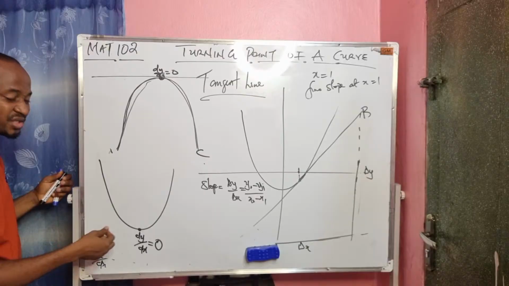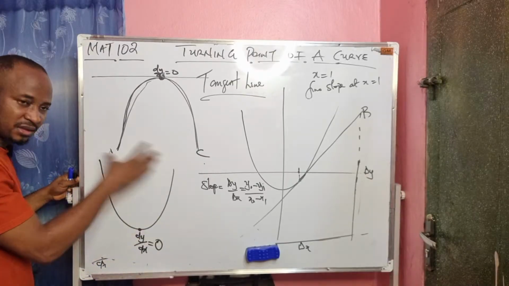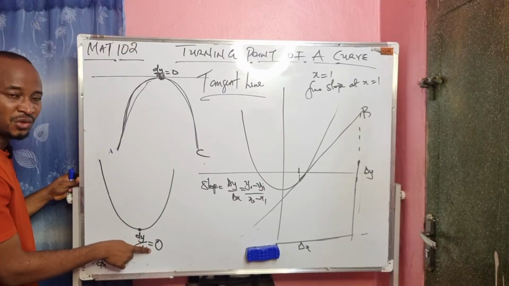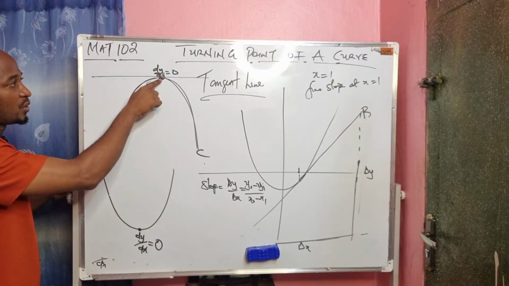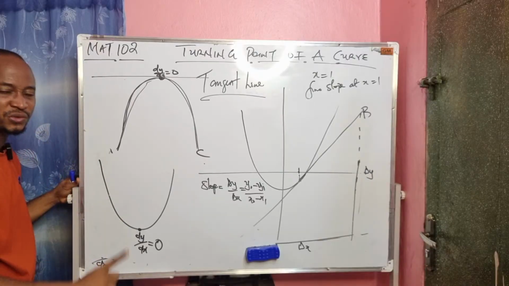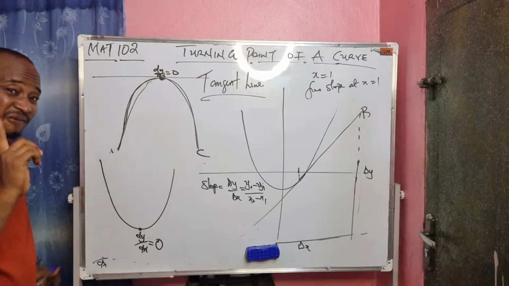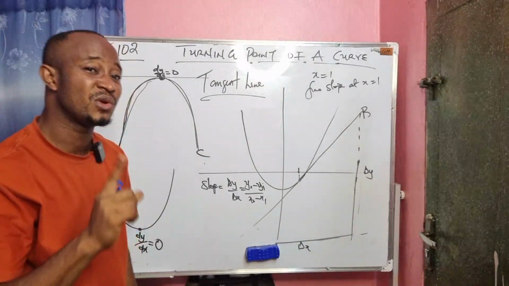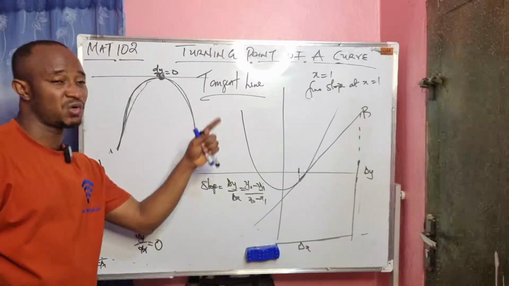Meaning that when you differentiate the function of this curve, you set it to 0. So at the turning points of every curve, dy/dx must be equal to 0. That is the first condition you should take note of. We call that the necessary condition in the turning point of a curve.